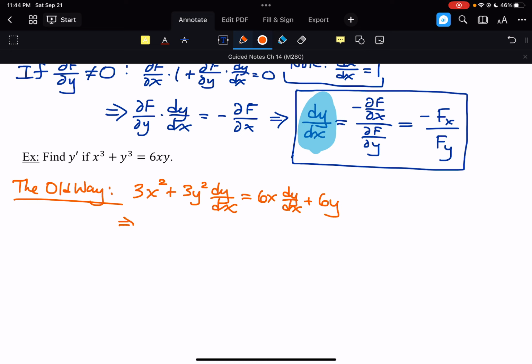We would need to isolate these terms. So I would move this one over here, move this over there to get it out of the way. So we would have 3y squared dy dx minus 6x dy dx equals negative 3x squared plus 6y.